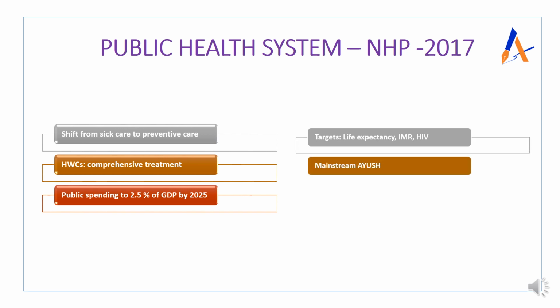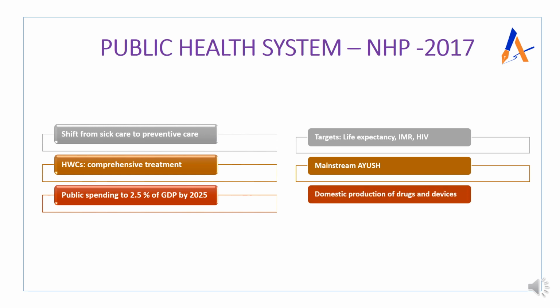Also, it is talking about mainstreaming Ayush. The Ayush department has been introduced, yoga in schools has been introduced, and we have International Yoga Day, which has been recognized and accepted. So mainstreaming of Ayush is one of the agendas of National Health Policy 2017. Also, domestic production of drugs and devices is another agenda, basically promoting Make in India of these drugs and devices.